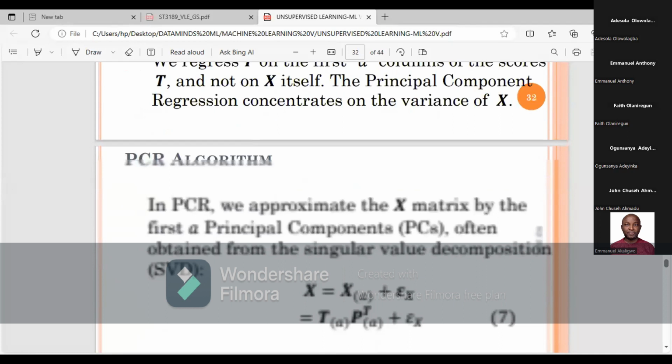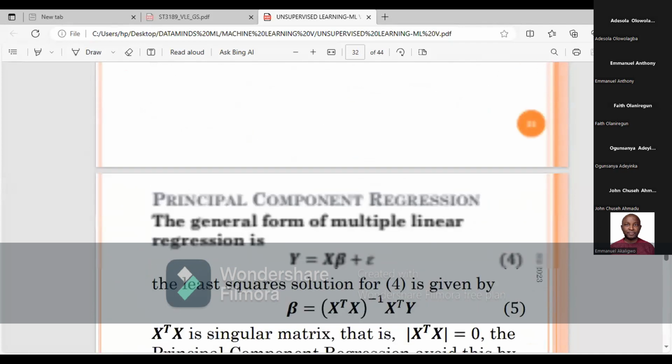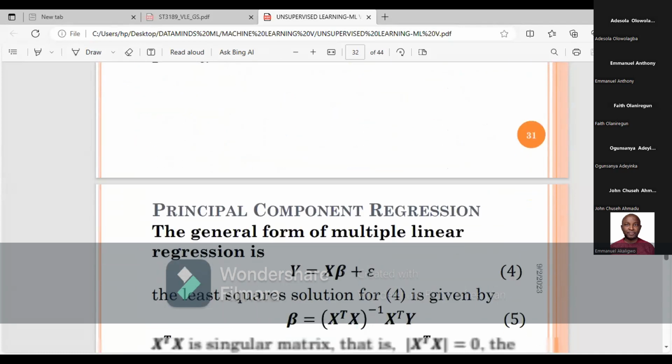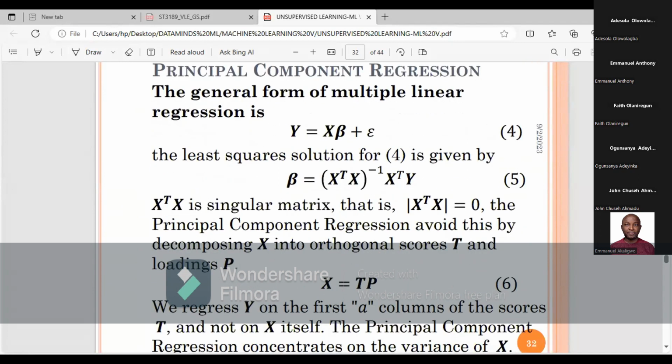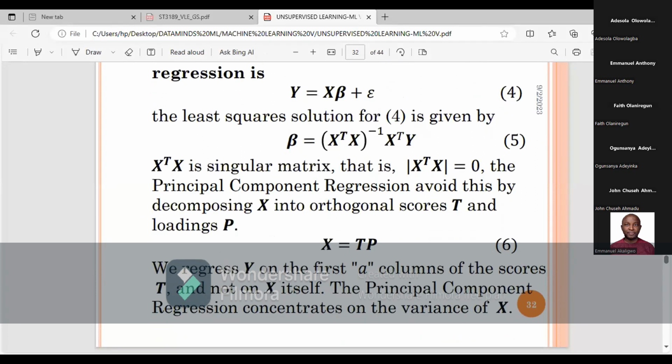Now, we also have PCR, which is called principal component regression. Equation 4 is a very popular linear model that we know, and equation 5 is the estimation of our parameters there. Now, if X prime X is a singular matrix, that is, its determinant equals 0, then we have our orthogonal scores, which is T, and loading P. That gives us equation 6.